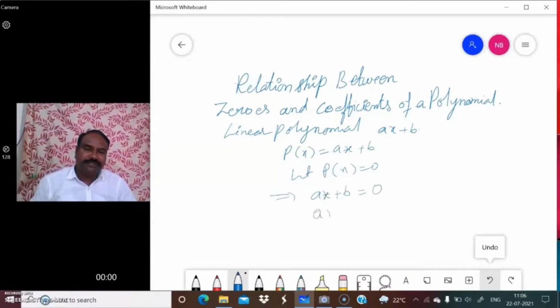That implies ax is equal to minus b, x is equal to minus b by a. Then this minus b by a is called the zero of this polynomial. So we know that for a linear polynomial there is only one zero. So the zero of this polynomial ax plus b is minus b by a.